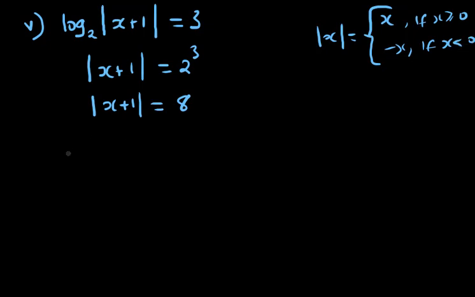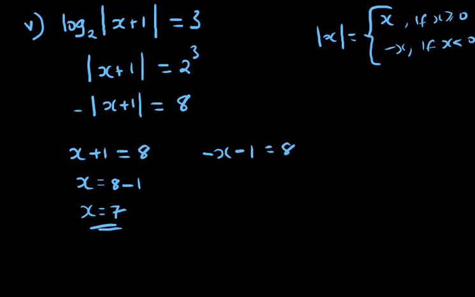So for this one, the first result is x plus 1 equal to 8, and so x is equal to 8 minus 1, x is equal to 7. Then for the other one, when we multiply negative in there, we'll have negative x minus 1 is equal to 8.